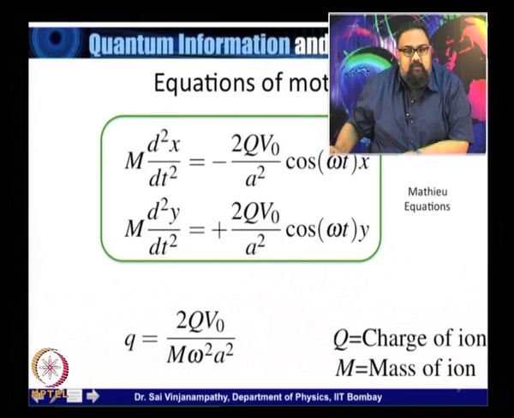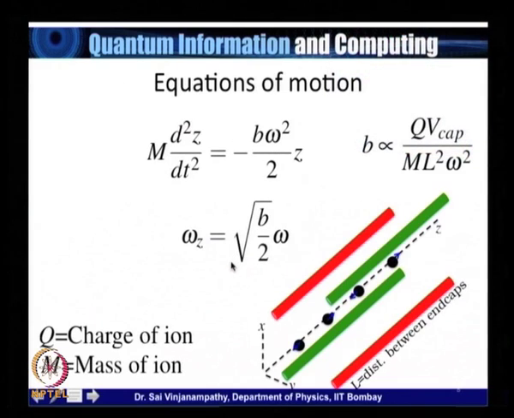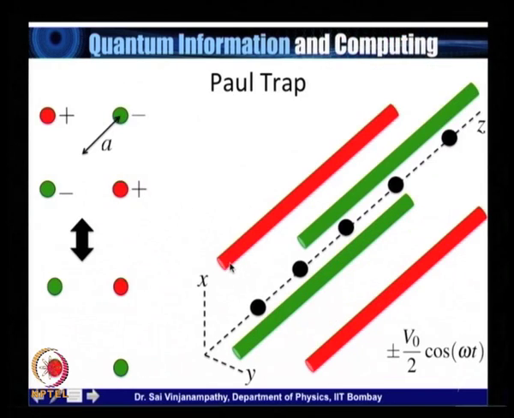We know where this cosine of omega t comes from. It comes from the fact that plus or minus V0 cosine of omega t divided by 2 was the choice of the modulation that we have chosen. Again, various constants enter this equation. Let me point out this constant a, which is related to the distance between the ions in the center and one of these rods, which is in the corner, right?